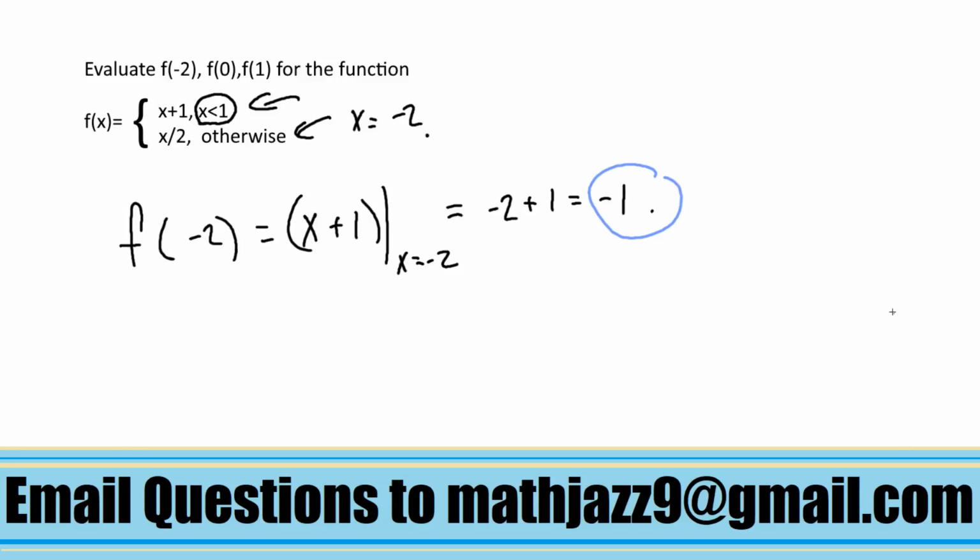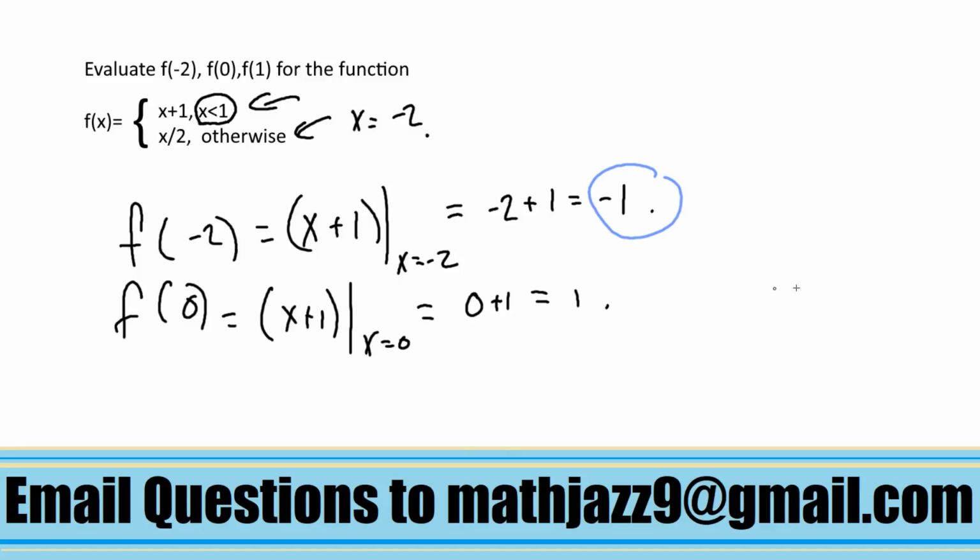Do the same thing with our other problem. Get f of 0. Well, is 0 less than 1? It is. So that means that we get x plus 1 with x 0 plugged into it. We get 0 plus 1, which is 1. And that is our answer for part 2. Then part 3, we get f of 1. Well, 1 is not less than 1, so this is not the chunk that we want.